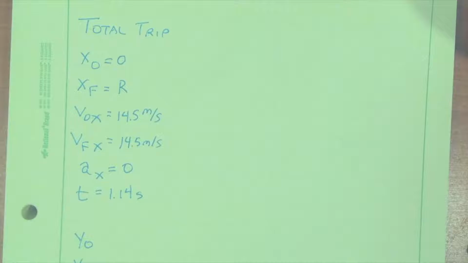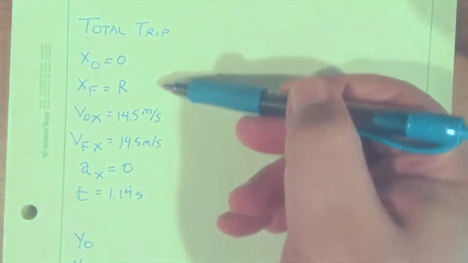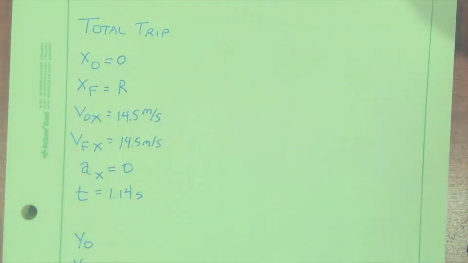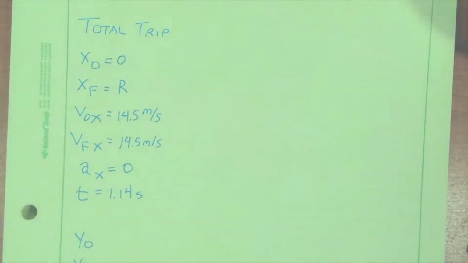So remember, in projectile motion, we must keep the horizontal and vertical motion separate. And in this particular situation, we are going to only focus on the motion in the horizontal direction. We want to find the final x position. That's what we need.